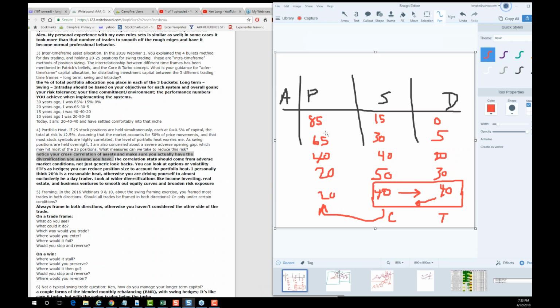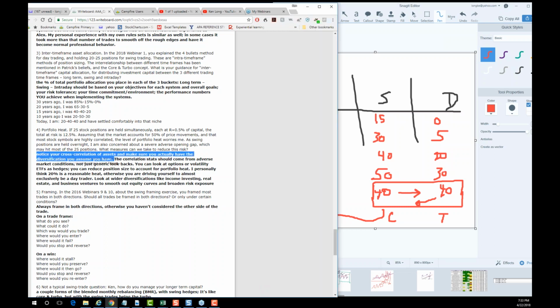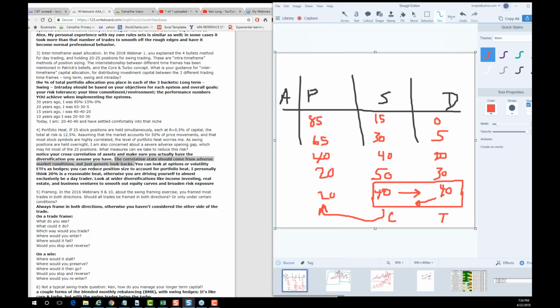So that's really the same position, and just by having those two positions, you don't really have diversification. The other thing to look at is that when you're looking at correlation stats, you should also consider correlations when the market is adverse and not just during broad look-back periods. Corrections in the market happen fast.